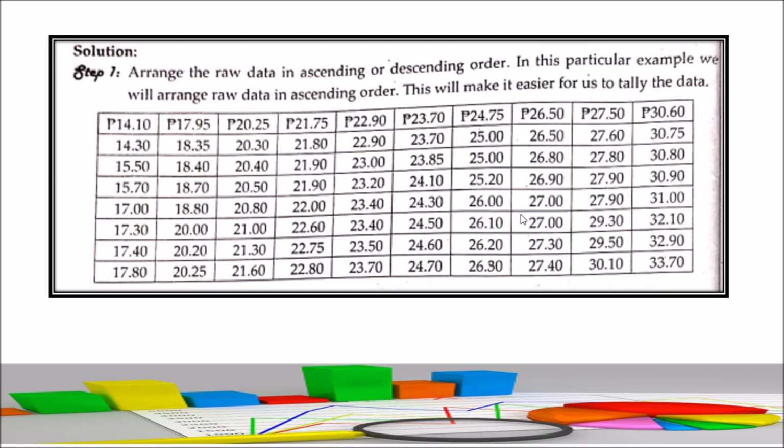Solution, step 1. Arrange the raw data in ascending or descending order. In our case, we arrange the data in ascending order. We first write the smallest salary among the call center agents, 14,100 pesos or 14.10, until our last or highest salary of 33,700 pesos or 33.70.